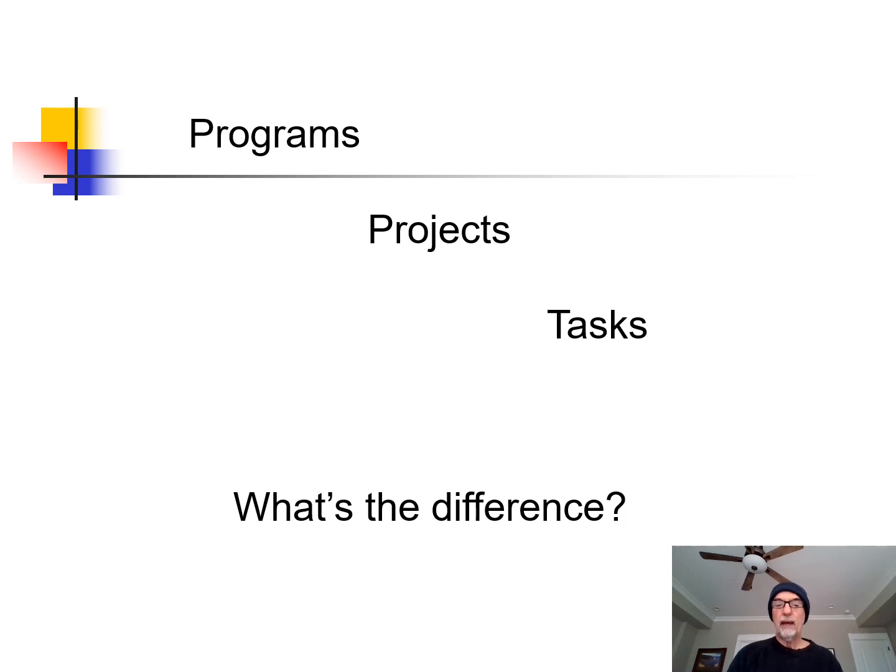An example of a program is the space program, which will probably go on forever. But those tasks that you work on make up projects, and then the projects that you work on make up programs. So in the space program, you could have a project to go to Venus, you have a project to go to Saturn, and so forth and so on.